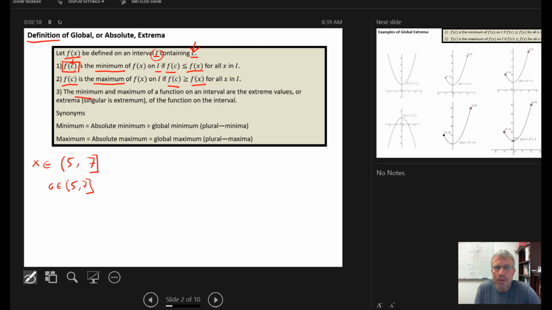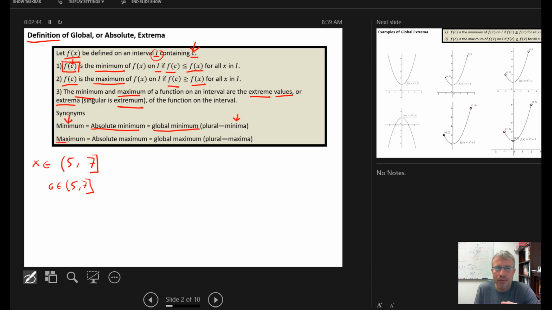And the minimum and the maximum on an interval are called the extreme values on that interval. So we say extrema, or extremum if it's singular. And so you're going to see this thrown at you in several different ways. You can be asked to find the minimum value. You can be asked to find the absolute minimum, the global minimum, or minima if it's plural.